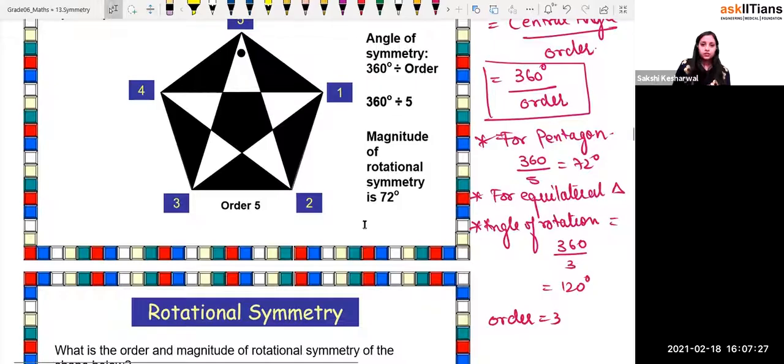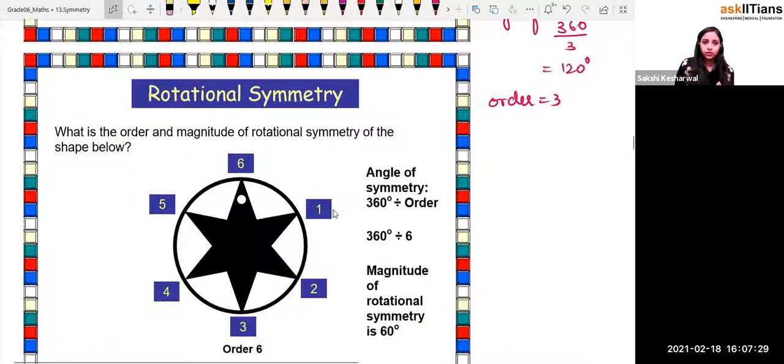Now, what is the rotational symmetry for this symmetrical figure? If this is a regular figure, this is 1, 2, 3. Then you draw the lines from here, 5, then 6, and then 7. Six lines are there, so 6 lines of symmetry.